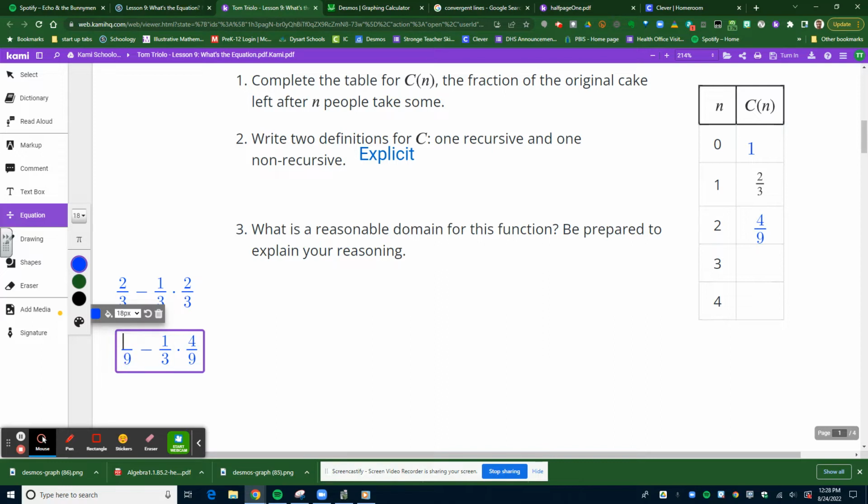So now we have an LCD of 27. We have to multiply the top by 3. So 4 times 3 is 12. 12 minus 4 is... What's 12 minus 4? 8. Okay? So now we're looking at 8/27.